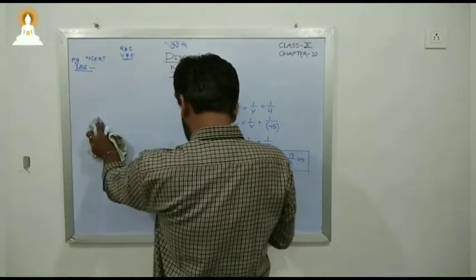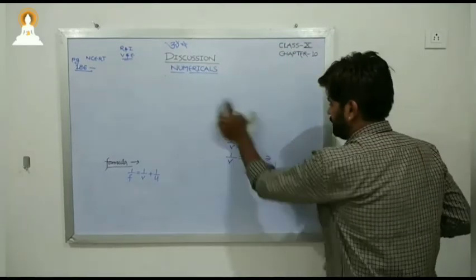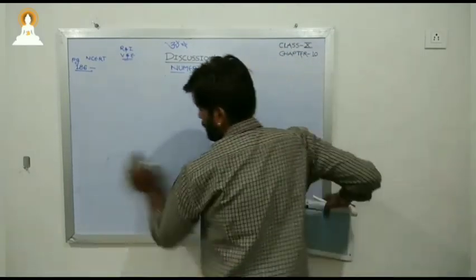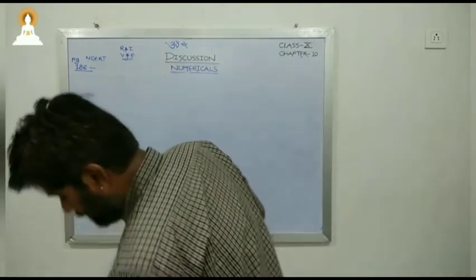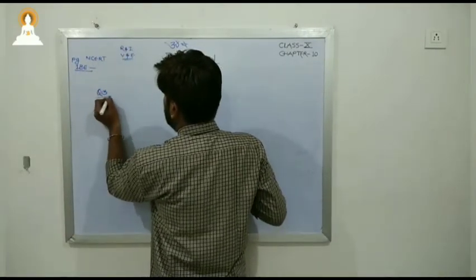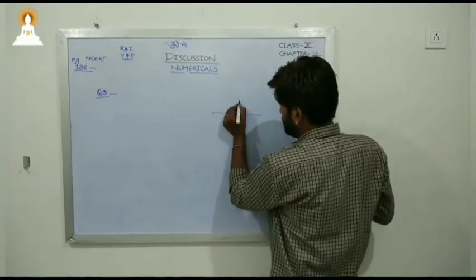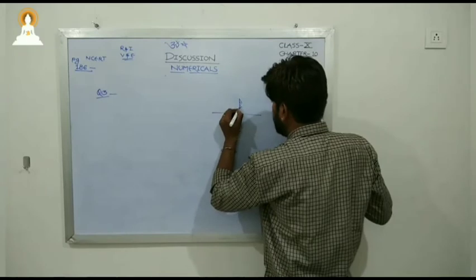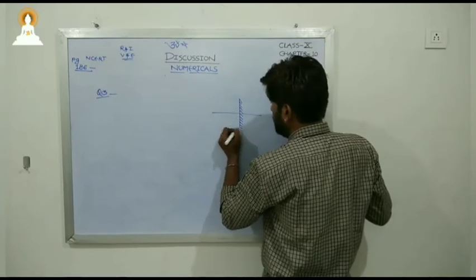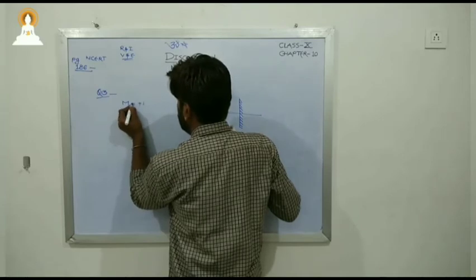Okay, this was question number 12. Question number 13. In question number 13, they have given a plane mirror having m as +1.